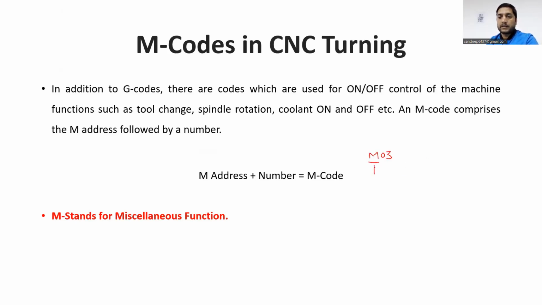M is the address and 03 is the number. By combining them, it becomes an M code, which means spindle rotation in clockwise direction. M stands for miscellaneous functions. Just like G codes are termed preparatory functions, M codes are called miscellaneous functions.